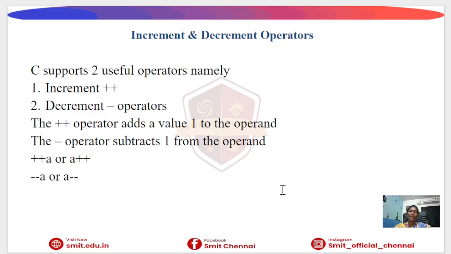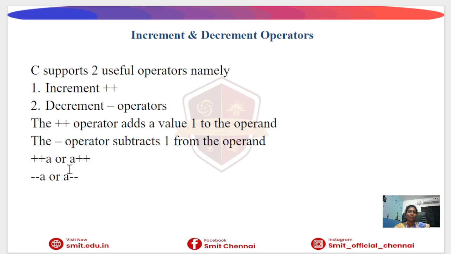The next one is increment and decrement. These are very important. In this, plus plus indicates an increment, which increases the value by 1, and minus minus indicates a decrement, which decreases it by 1. For example, a plus plus or plus plus a.